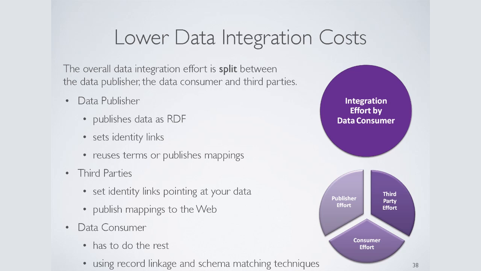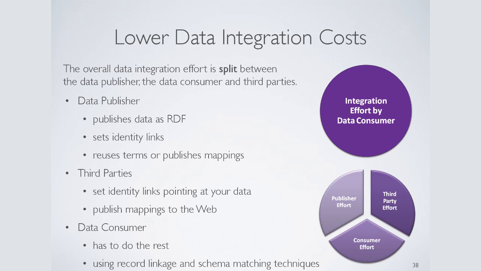So, as a data integration service or as a data consumer, linked data lowers the integration costs. The overall data integration effort is, for linked data, split between three parties: the data publisher, third parties, and the data consumer itself. The data publisher publishes its data as RDF on the web.